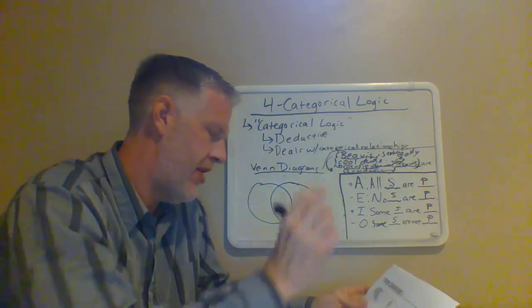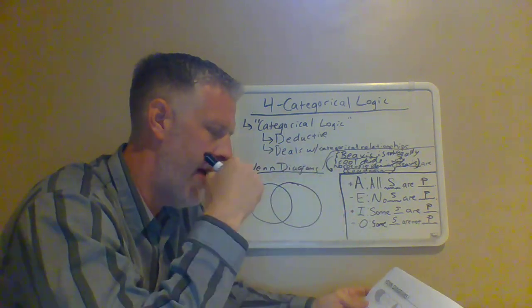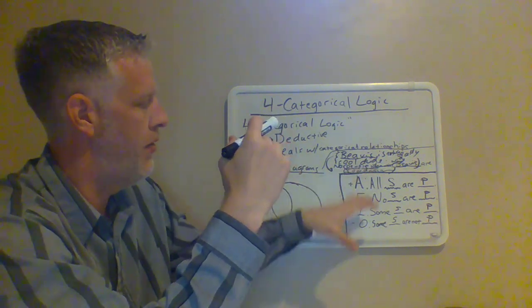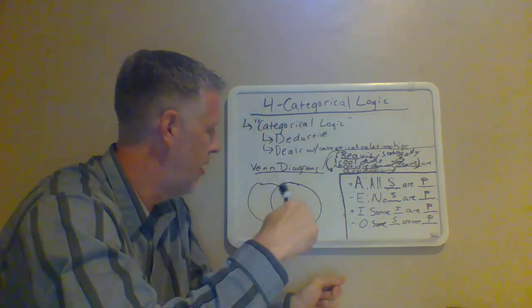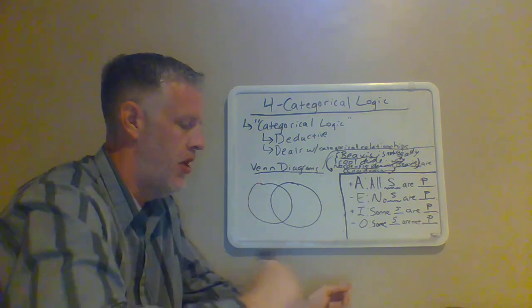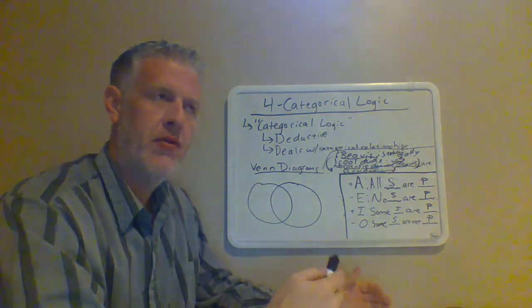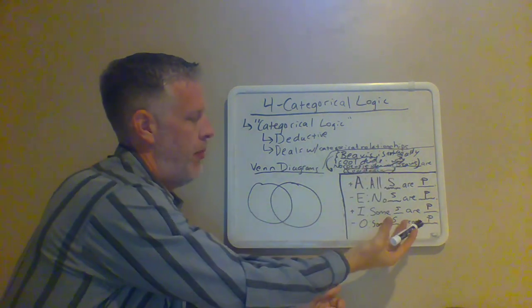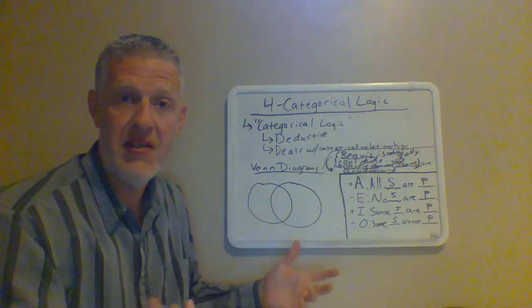Okay? So as I mentioned on slide 6, I pasted an image there at the top, trying to capture what the Venn diagrams look like for all the standard form claims. And so I'll go through each of these in turn and talk about what's going on when we use a Venn diagram to represent what's being said in the standard form claim, right?